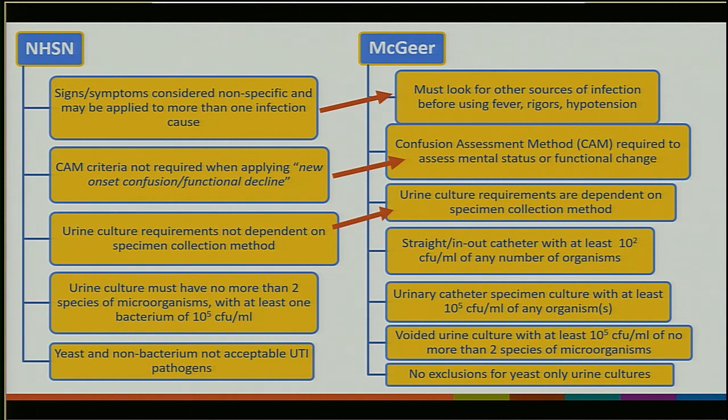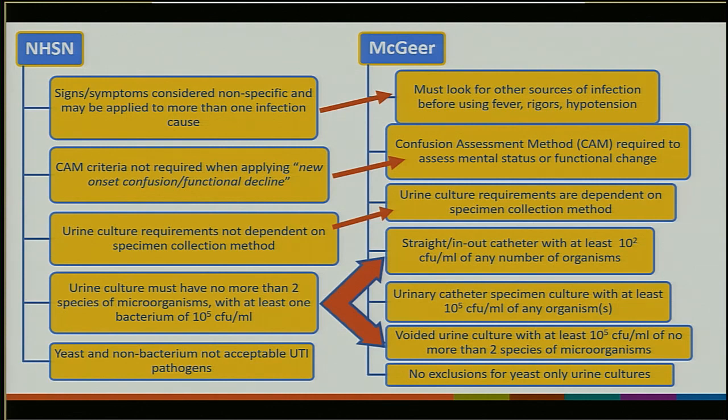Compared to McGeer, where the urine culture requirements are dependent on how that specimen was collected, you'll see that if the specimen is collected via straight in-out catheter, you can have 100 colony-forming units versus 100,000 if it's an indwelling urinary catheter specimen or a voided urine. And then lastly, NHSN does not consider yeast an attributor to a UTI.